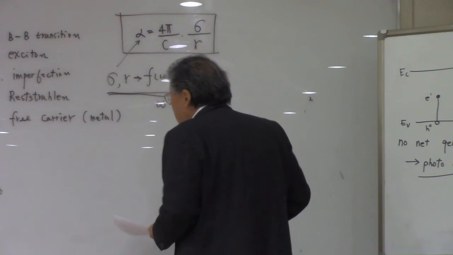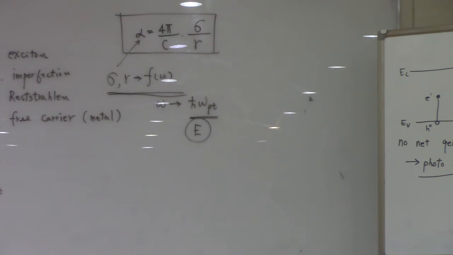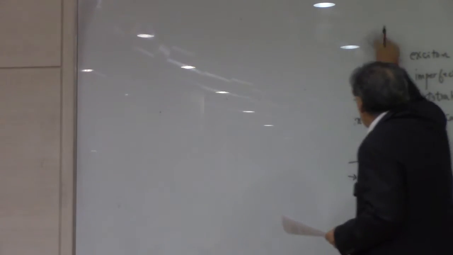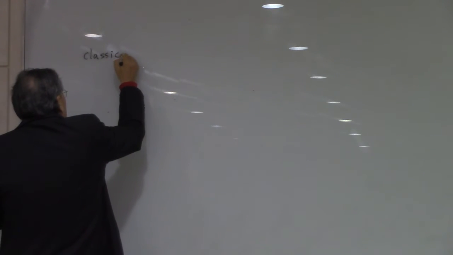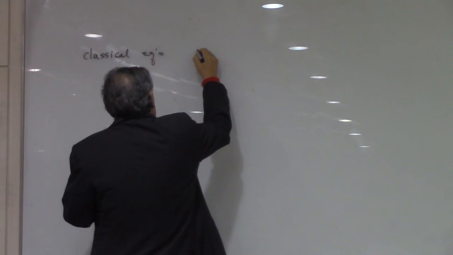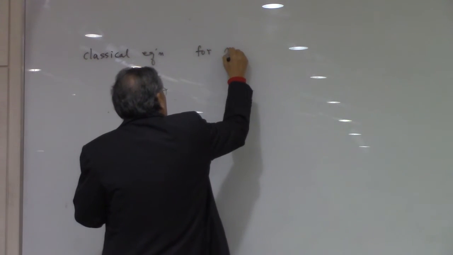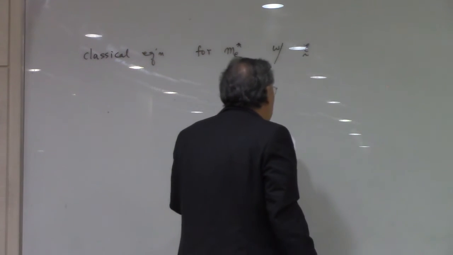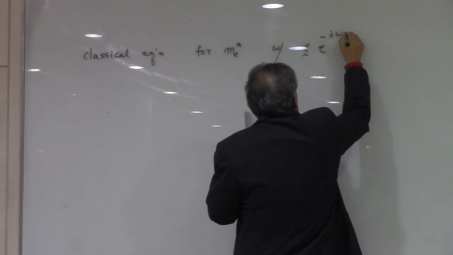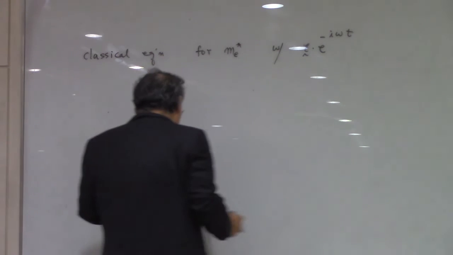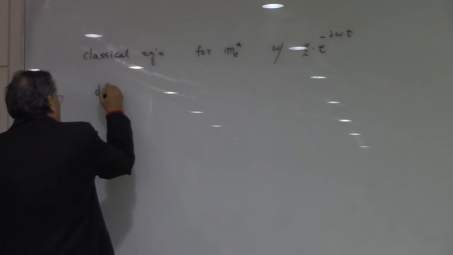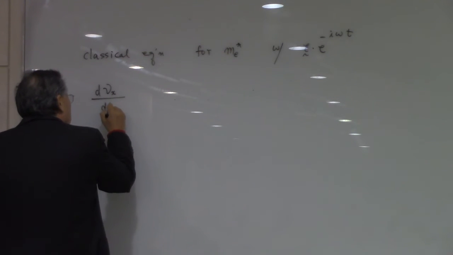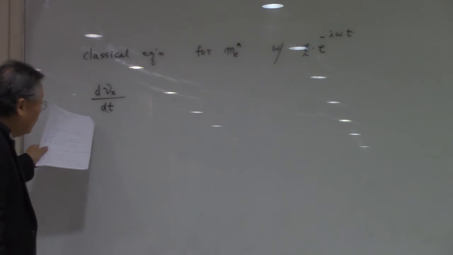So in order to do that, what we are going to do is set up a classical equation for electrons with an electric field which has a frequency, like e to the minus i omega t. And that equation is the velocity of the... this is actually the acceleration.